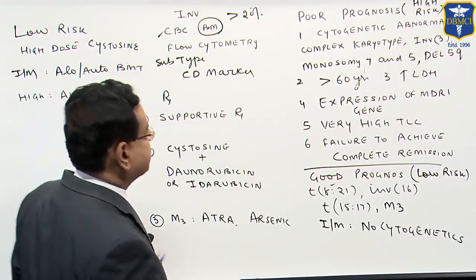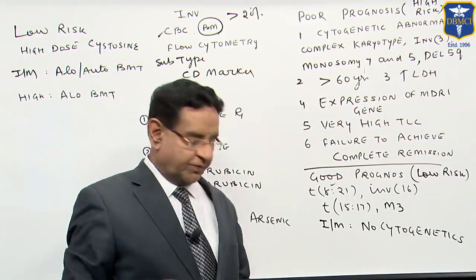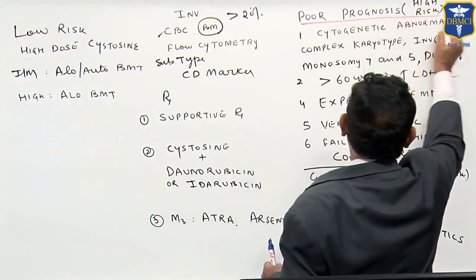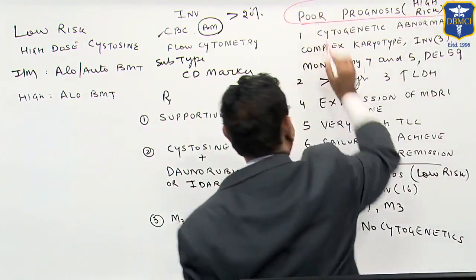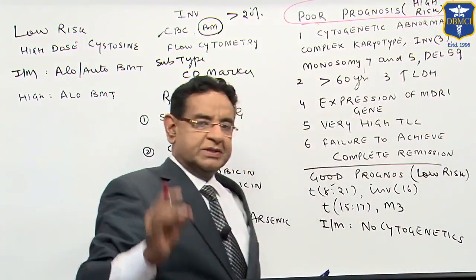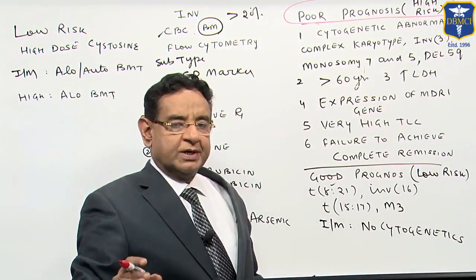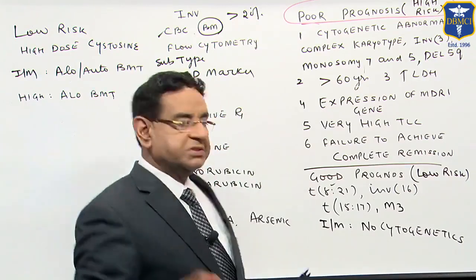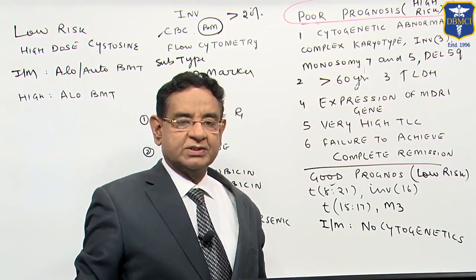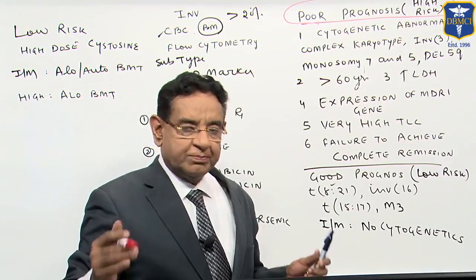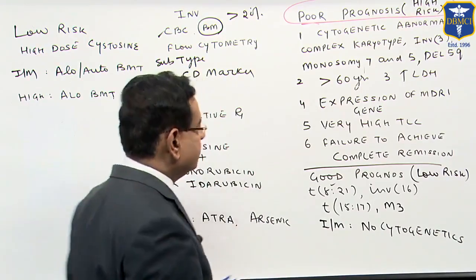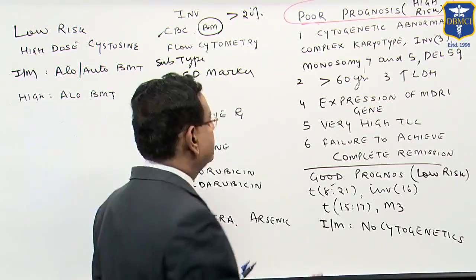Then let's see what the prognostic factors are. Poor prognostic factors, so-called high risk cases. Remember, the single most important prognostic factor is cytogenetic abnormalities. So let's see what the poor, good and intermediate risk cytogenetic abnormalities are.